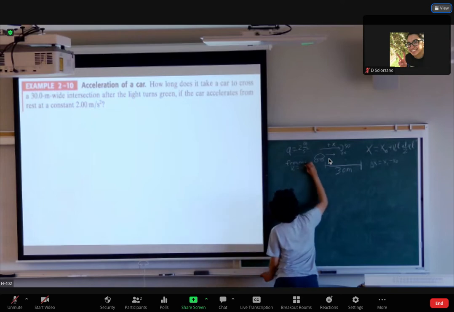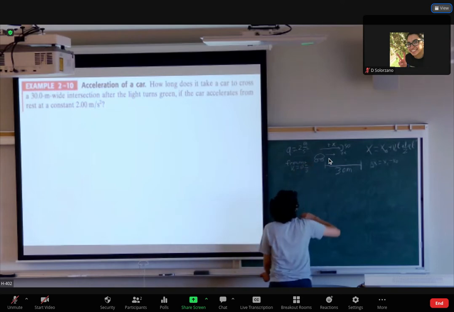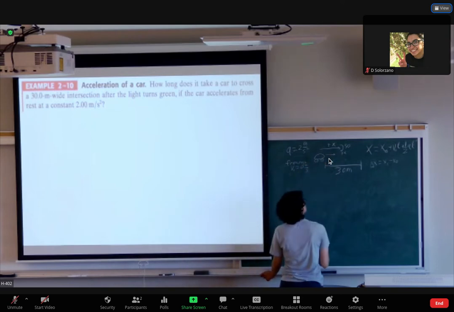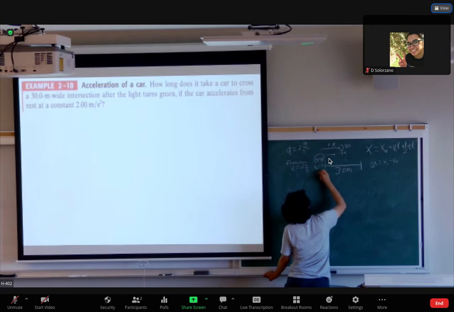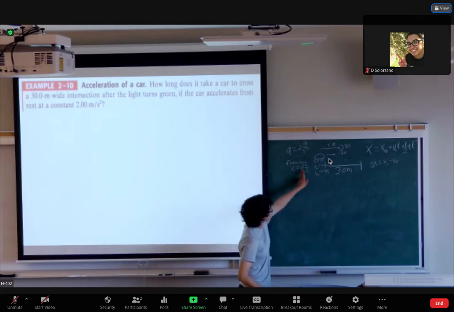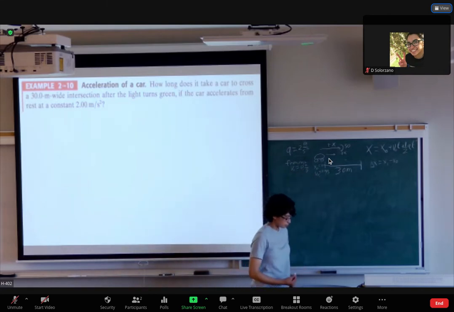Meters over seconds. So that means, and since you said the axis, you can assume that x naught is equal to 0 and v naught is equal to 0. Because the from rest tells you that it's from 0.